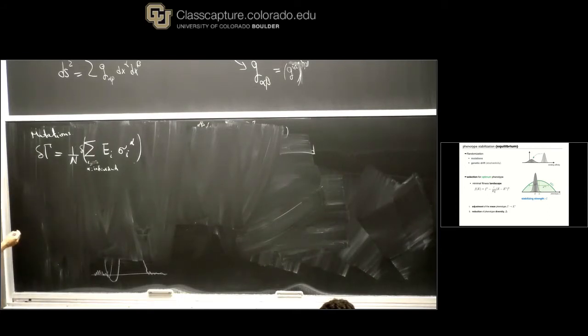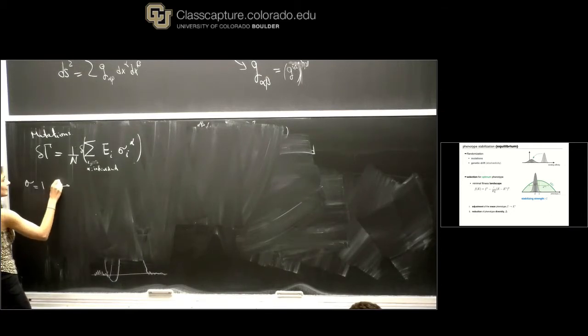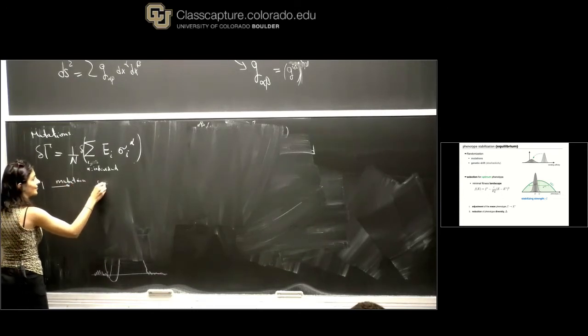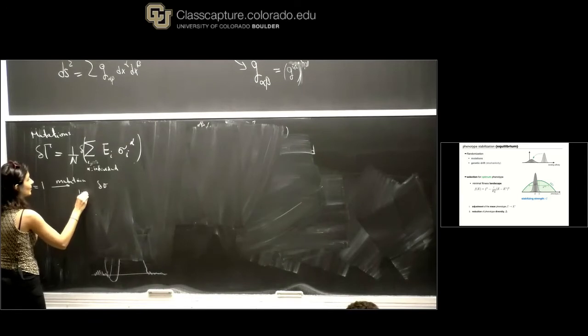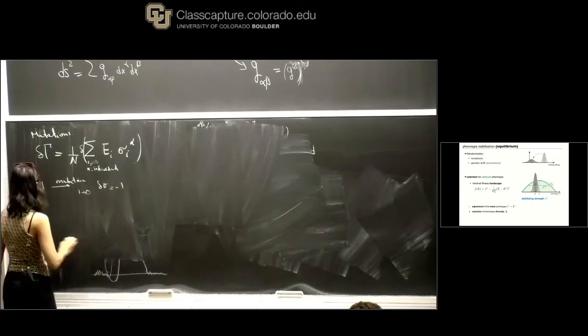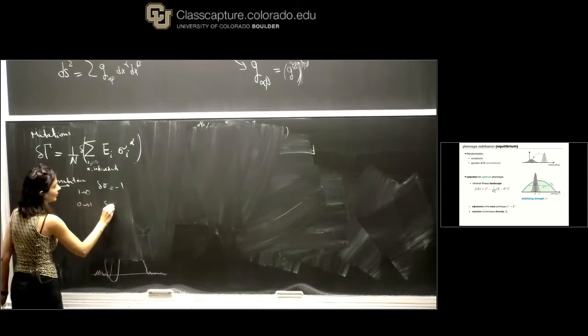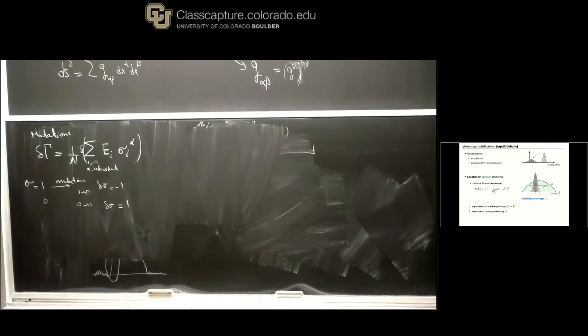So what we know is that mutations are random, and they do flips from 0 to 1 or from 1 to 0. If your sigma is equal to 1, you do a flip, and your delta sigma would be minus 1, right? Mutation, 1 to 0, delta sigma would be minus 1. And if it is 0, from 0 to 1, delta sigma would be equal to 1, right?